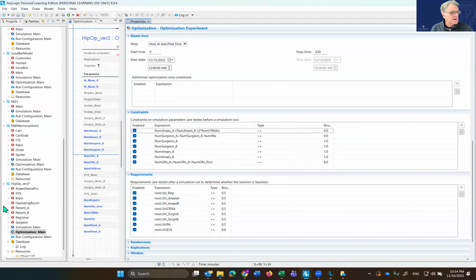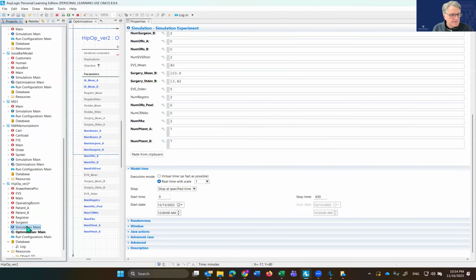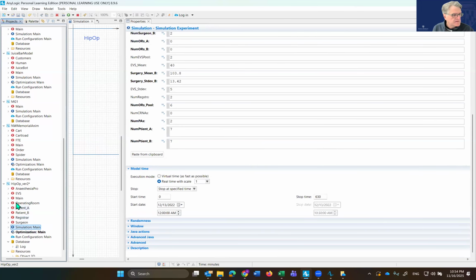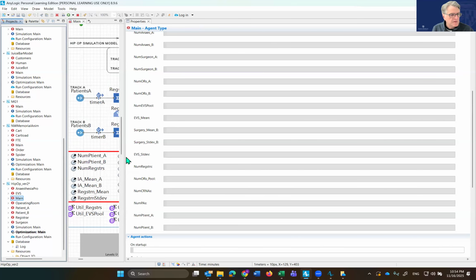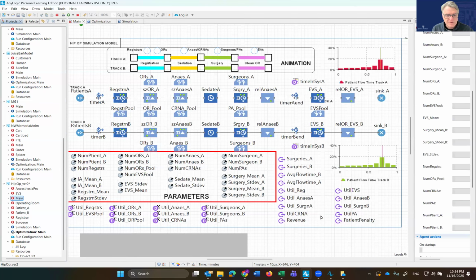Getting back to our simulation, here's the main canvas. So it's referring to these quantities here. So the util NSA measures the average utilization of anesthesiologists that are dedicated.